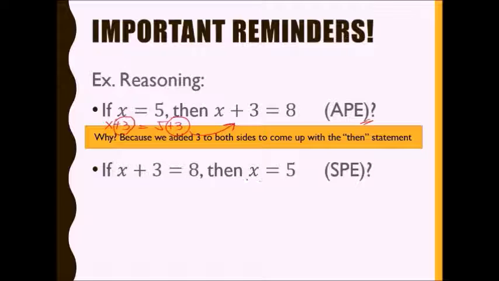Therefore, we subtracted 3 from the original x plus 3, so only x was left on the left side. And on the right side, 8 becomes 5, meaning we also subtracted 3 from it for it to become 5. So it is SPE because we subtracted on both sides.